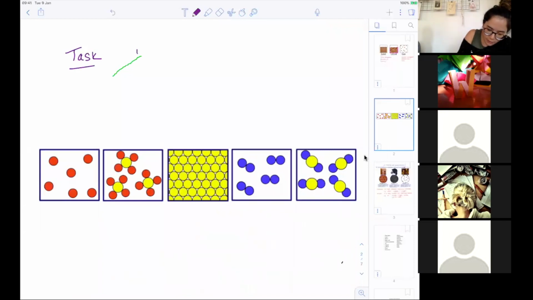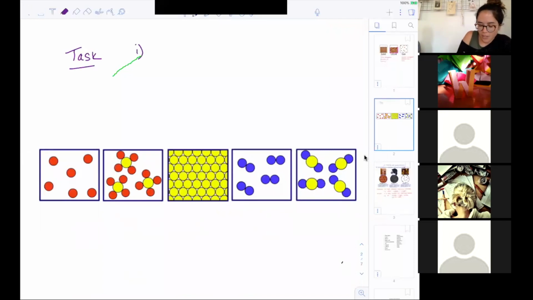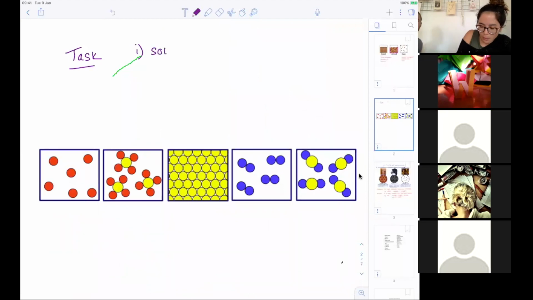You have to decide for each box if, first of all, we have, going back to what we first learnt about, a solid, liquid, or gas. And then you need to ask yourself if you have an element, compound, or mixture.